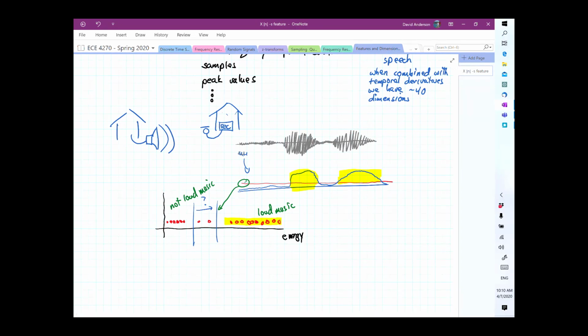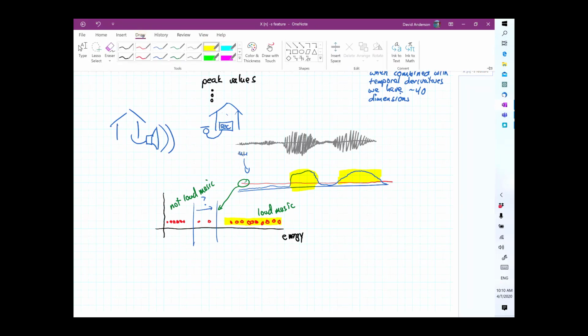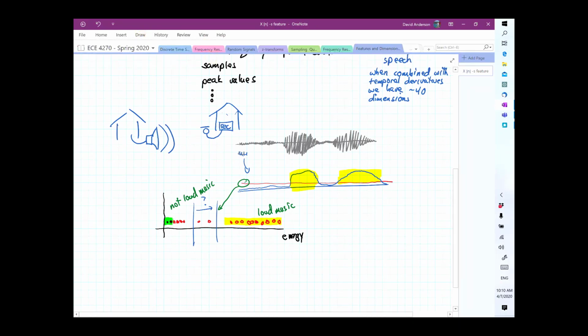So this would be extracting the features and then clustering the features, and here I've clustered them into two groups, loud music and not loud music, and then I find a dividing line between those groups, and now I know what it would be.